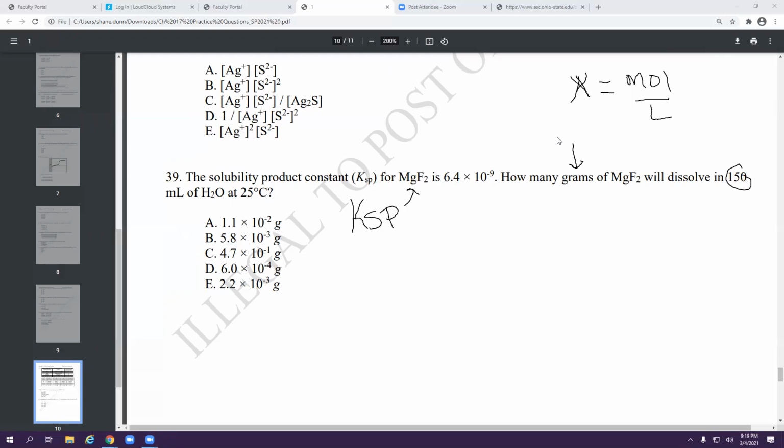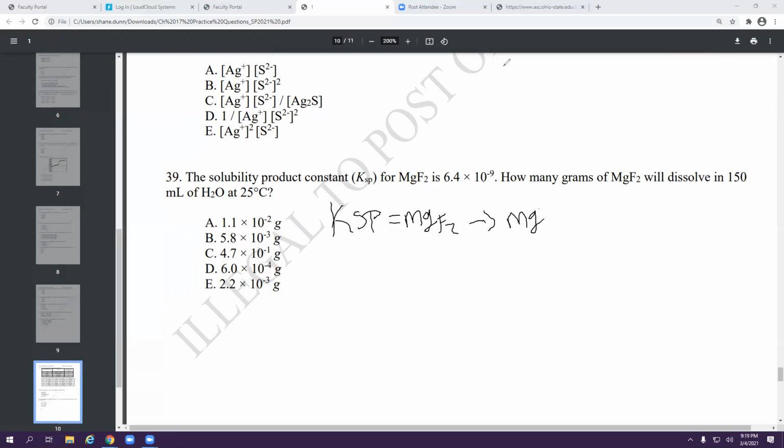I'm gonna do it out and draw it out. You guys in the classroom don't follow along because this is more for you guys to watch the video when you get here again. But KSP is going to equal MgF2 broken apart to Mg 2+ and 2F-.